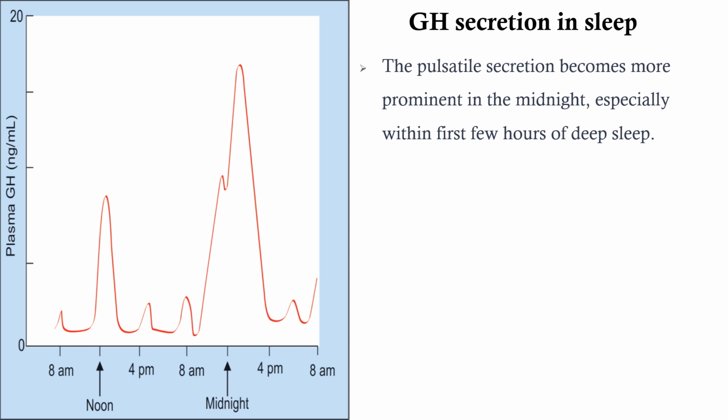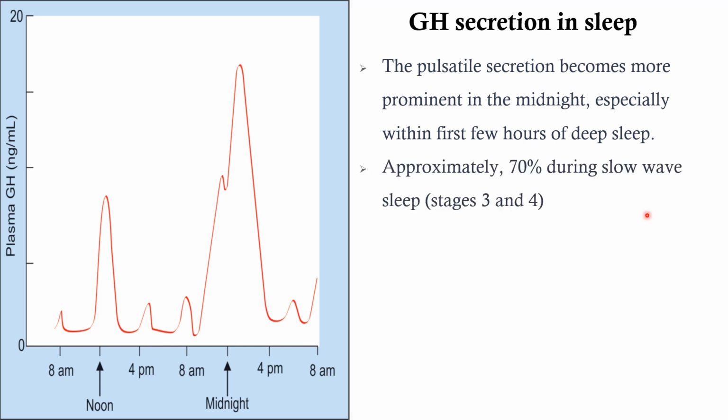The pulsatile secretion becomes more prominent at midnight, especially within a few hours of the deep sleep, approximately 70% during the slow wave sleep in stages 3 and 4.